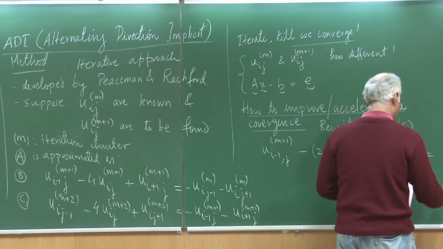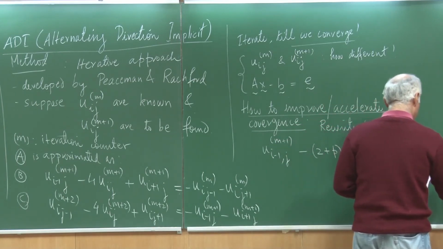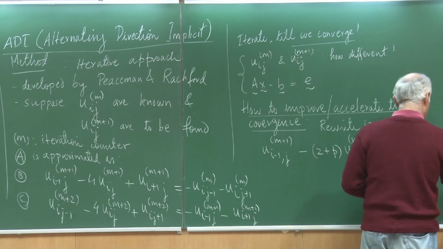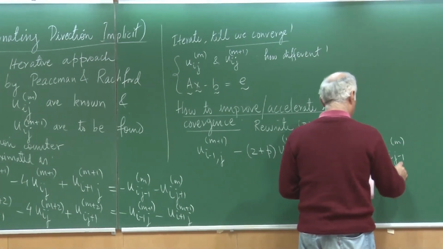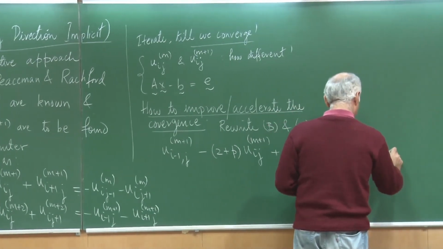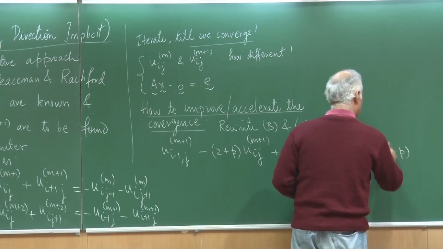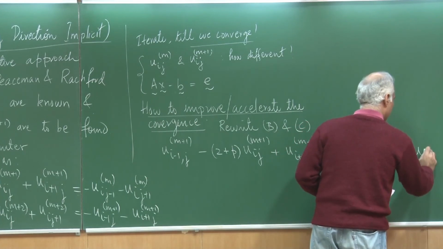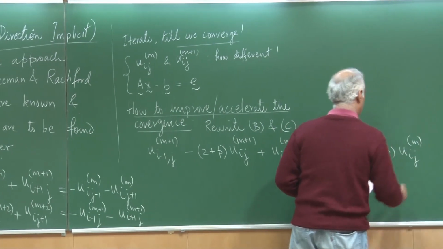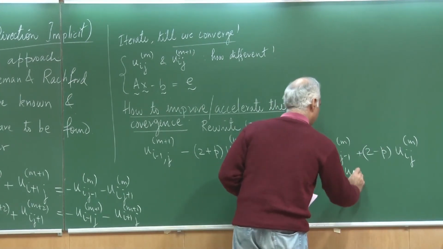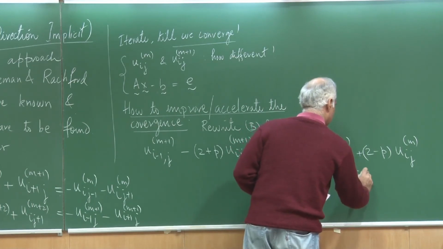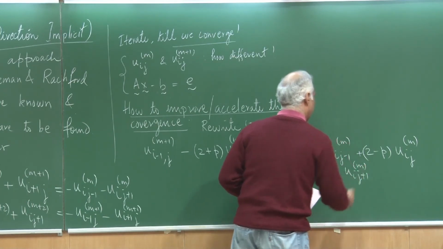This is minus u i, j minus 1 at m, minus, or rather plus, 2 minus p times u i j at m, minus u i, j plus 1 at m.